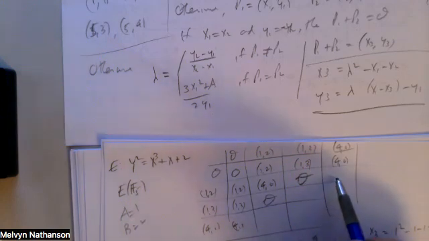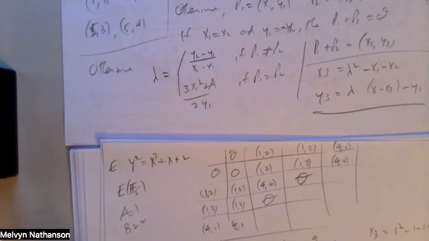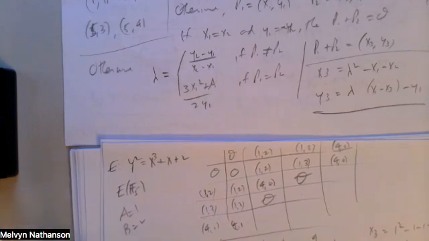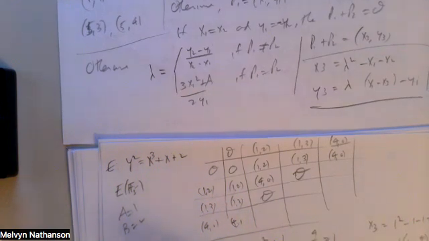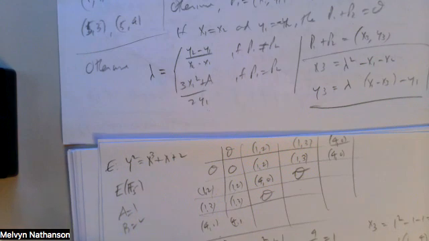What about the point (1, 2) plus (4, 0)? P1 is different from P2, so lambda is y2 minus y1 over x2 minus x1.